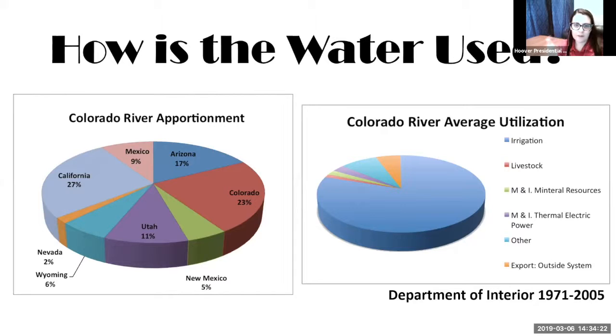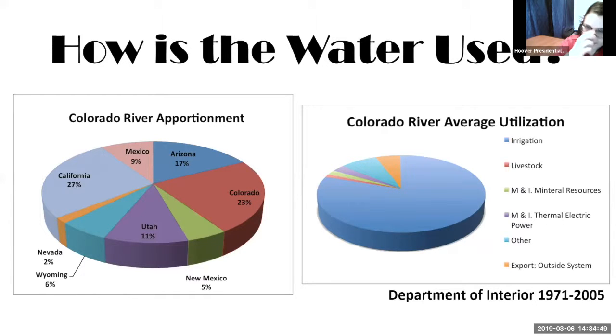So now we're going to look at how the water is used. And this is from 1971 to 2005, but it actually hasn't changed much since the dam opened. You can see in the apportionment of the water that Mexico gets 9% of the water, and they were added to the water agreement in 1944 so that they get some of the water.